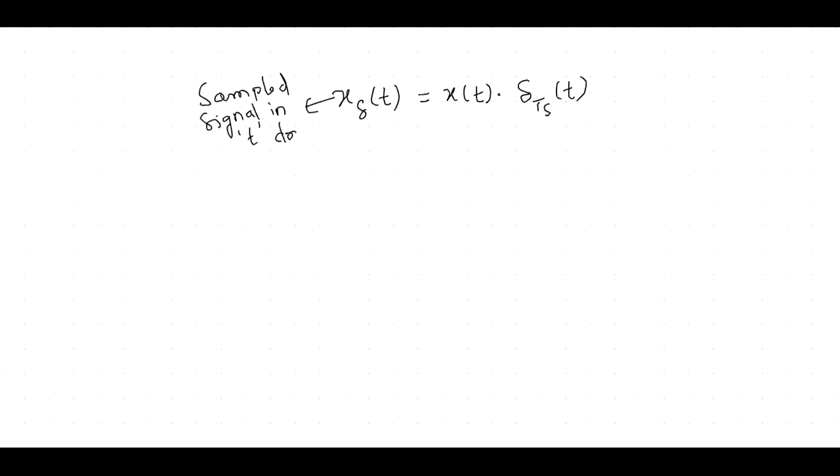X delta of t is nothing but x of t into the train of impulse function delta Ts of t. This is known as the sampled signal in time domain. You can take this as equation 1.